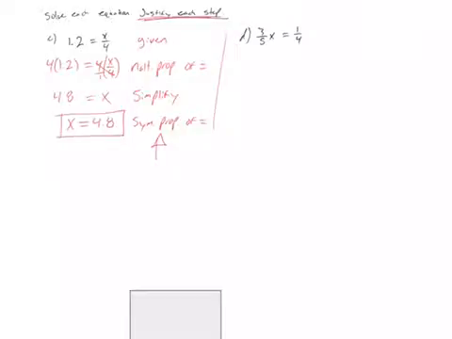Now, this one, we're going to try to get that x by itself. So right now, this x is being multiplied by 3/5. So this is just given.